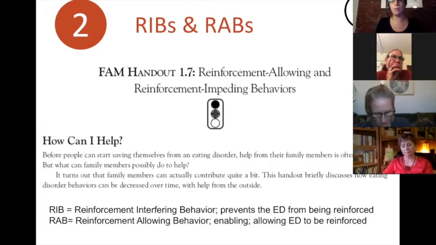Whereas a RAB, or a reinforcement allowing behavior, is essentially enabling behavior. It's allowing the eating disorder to continue to be reinforced. So parents have it in their mind that the goal is to interfere with as much reinforcement as possible throughout every day, and to not allow or enable the eating disorder behavior from occurring and from being reinforced.